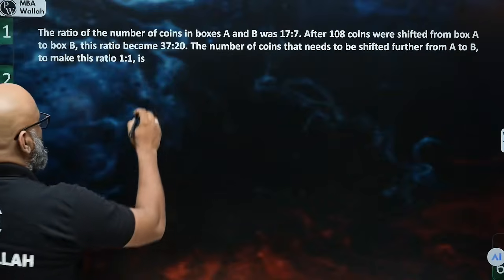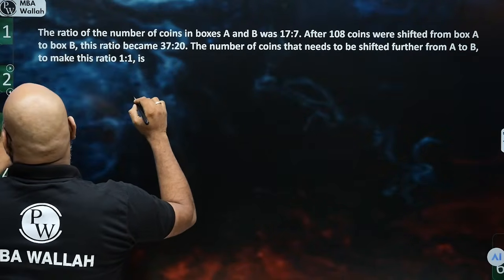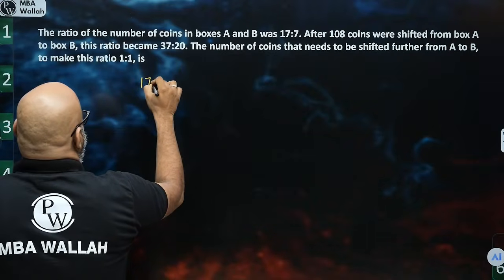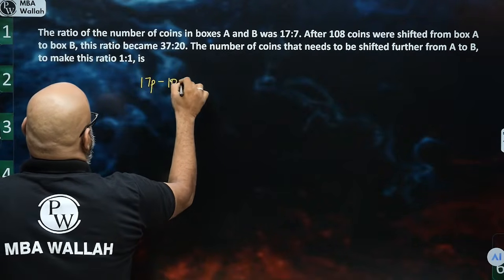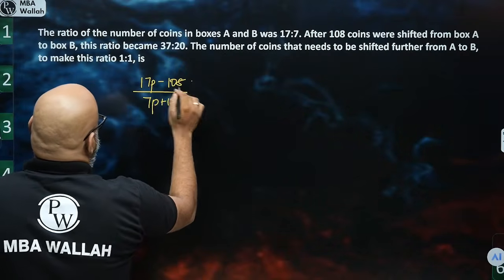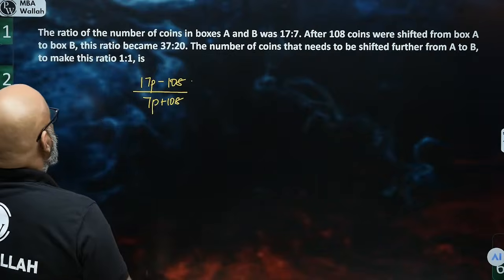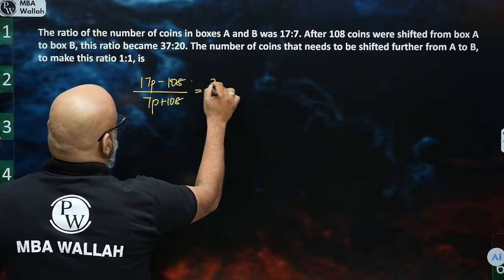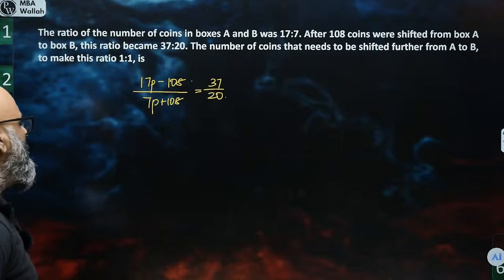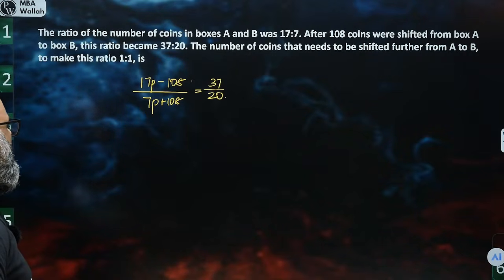The first case will be 17p minus 108 divided by 7p plus 108. Removing from here, adding it here. The ratio becomes 37:20.